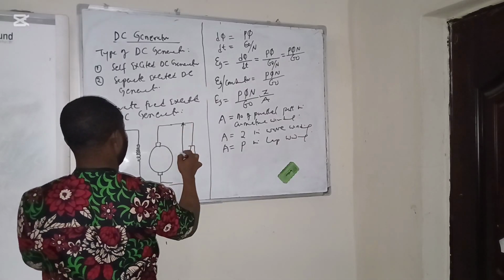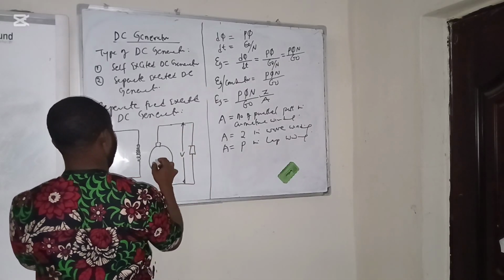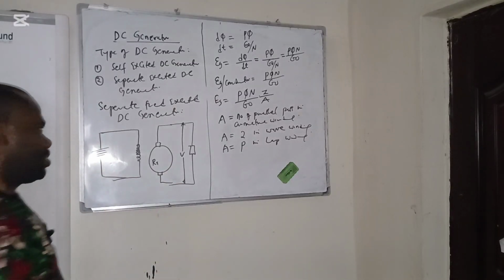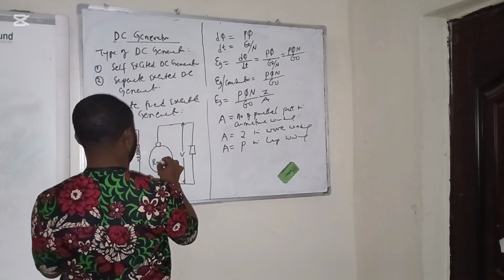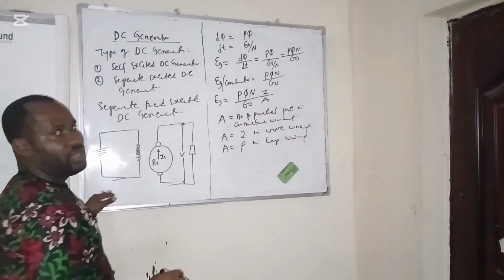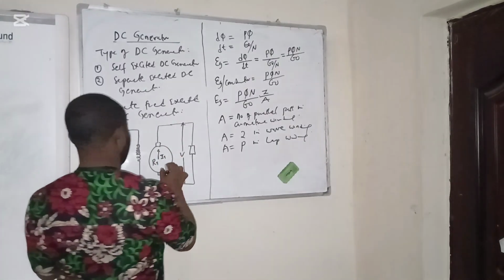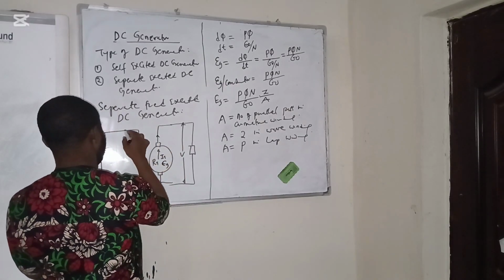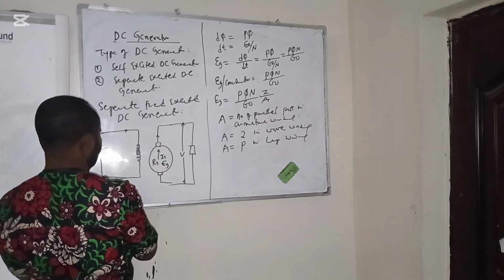So this is the voltage across the load terminal. Here we have the armature winding resistance. We also have Ia, the armature current. We also have the induced EMF.